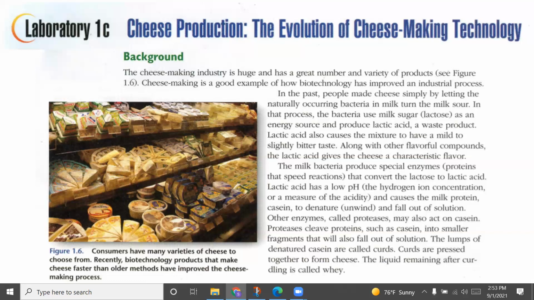And inserting it into a fungus, which will then make the milk.